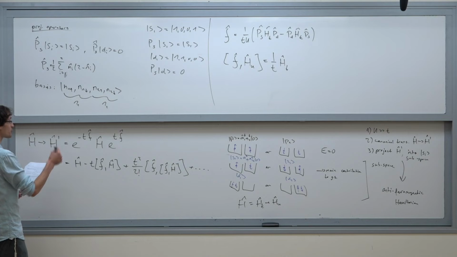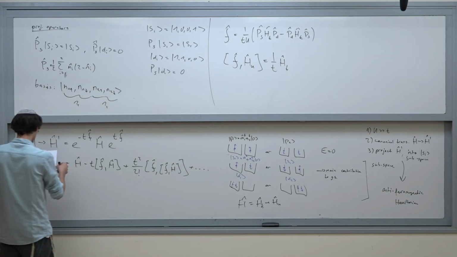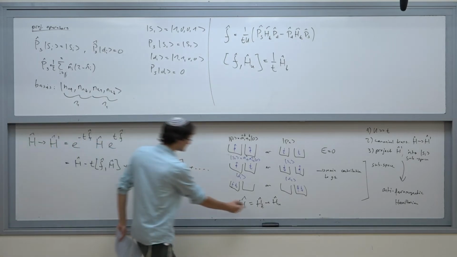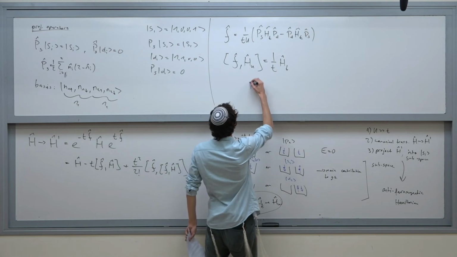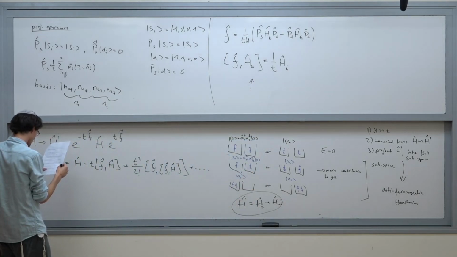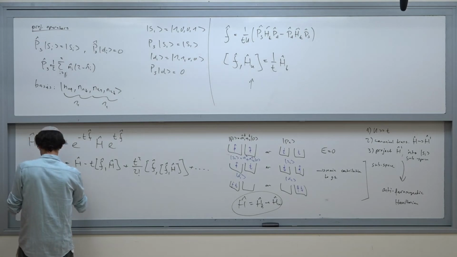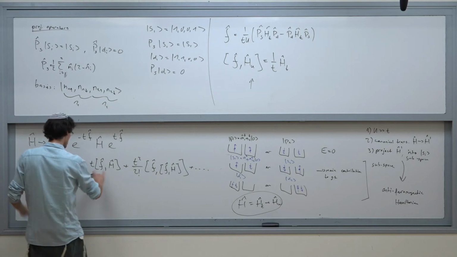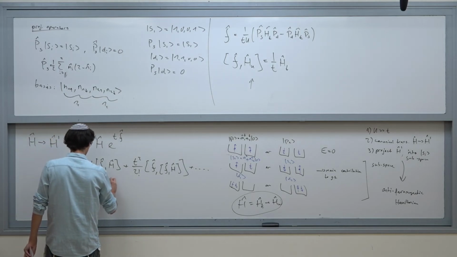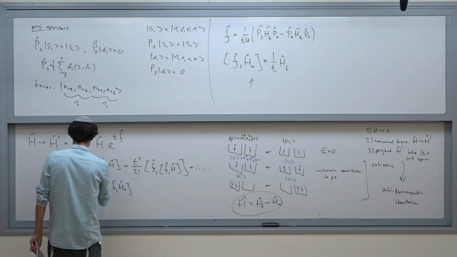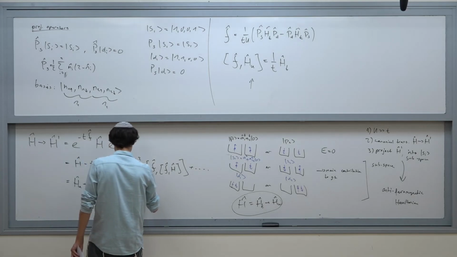And now the good thing is that we can write this H as HT plus HU, right? We can use this, and then we're going to use this. So doing this, we get many terms. We get HU plus HT minus, and then we have 2 commutators: a commutator of F with HU, and the commutator of F with HT.